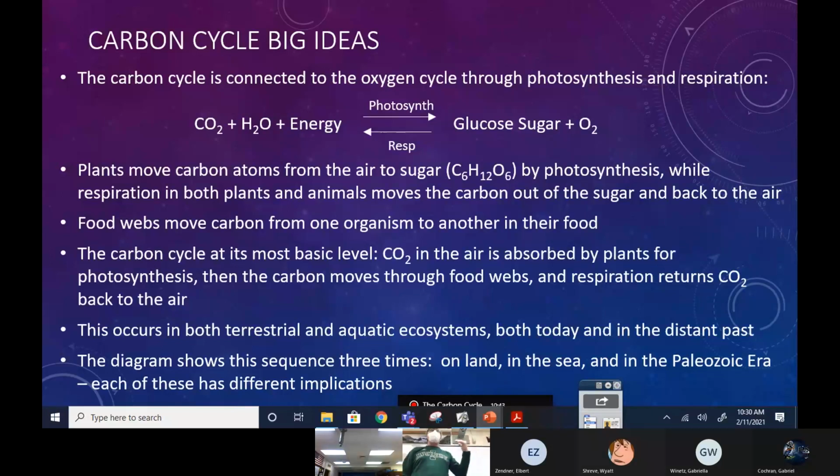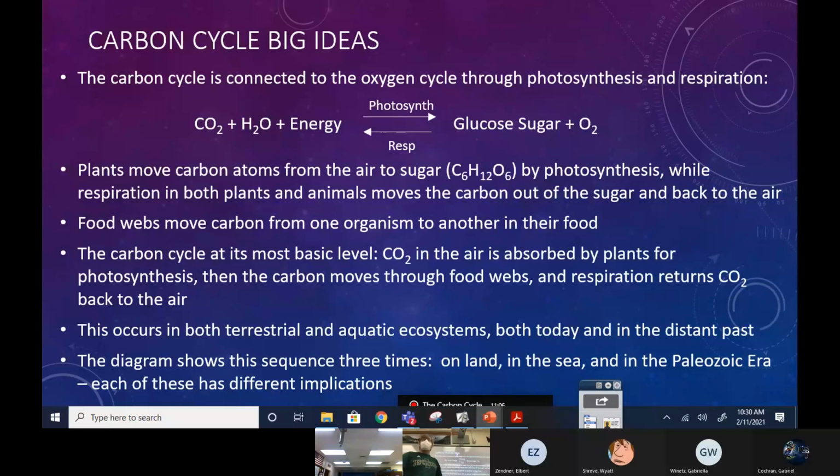Just like you know how to read an equal sign, you say equals. Or if you see a plus sign, you say plus. So when you see this arrow, you say yields. Carbon dioxide plus water plus energy yields glucose sugar plus oxygen. So that's our chemical reaction in photosynthesis.